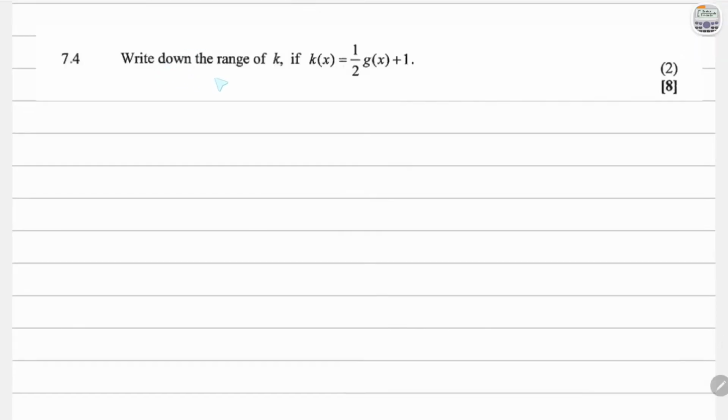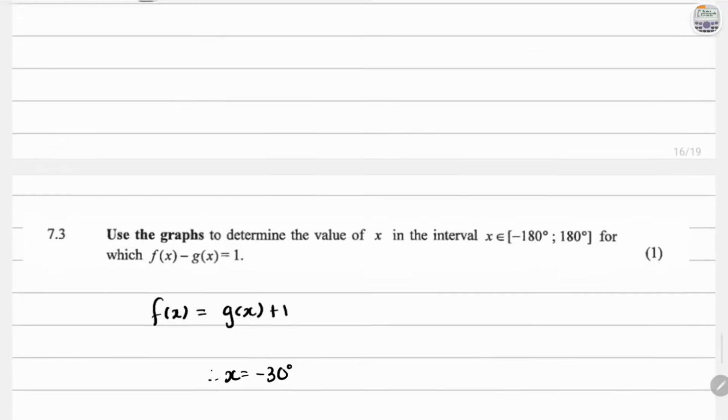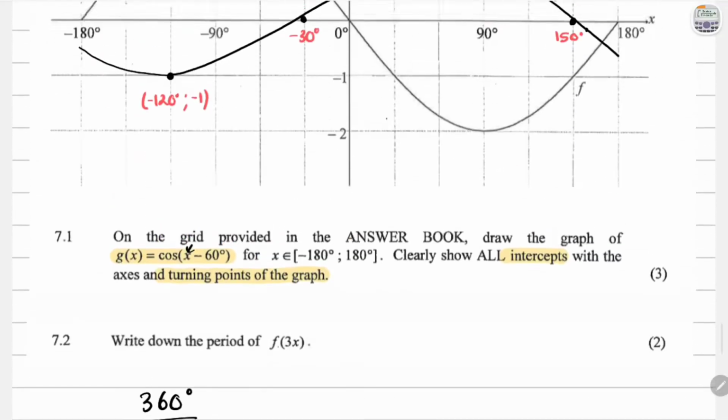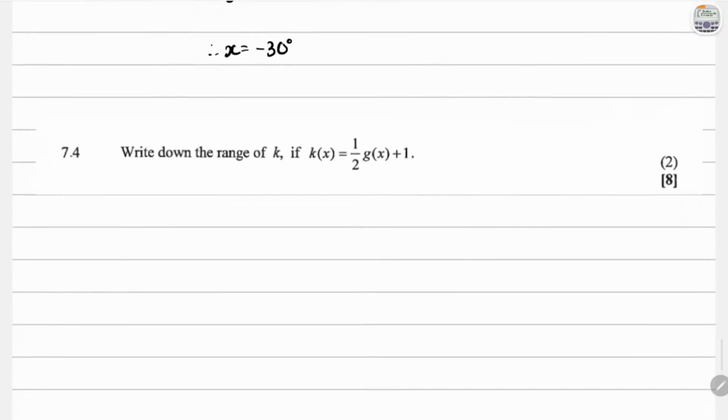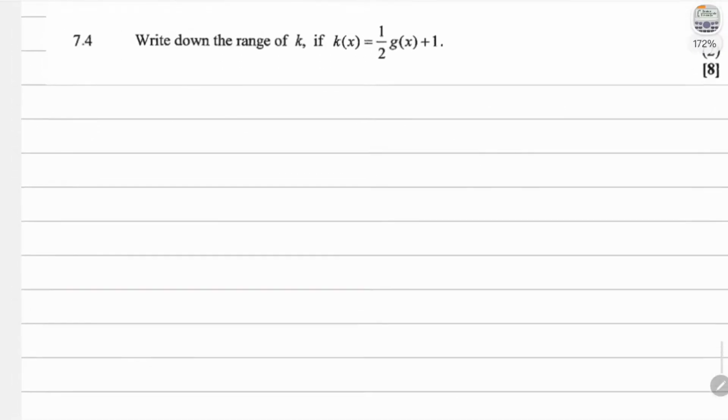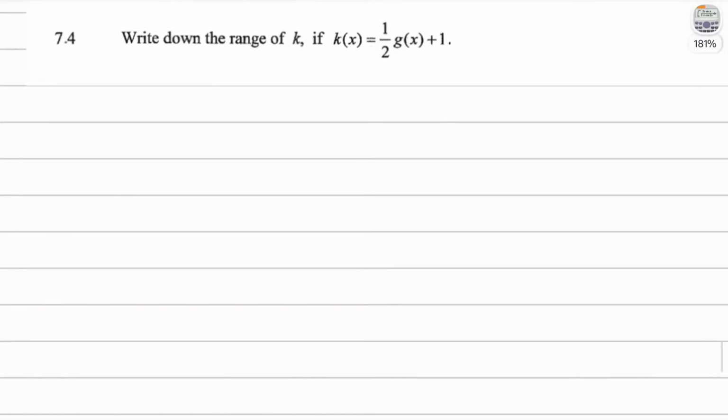Question 7.4 says, write down the range of k if k of x is equal to a half g of x plus 1. So it's the graph of g of x, and with the graph of g of x, you see that there was no upward or downward shift. So it's just really this graph. We don't have to over-consider that x minus 60 degrees, because that affects the x values, not the y values.